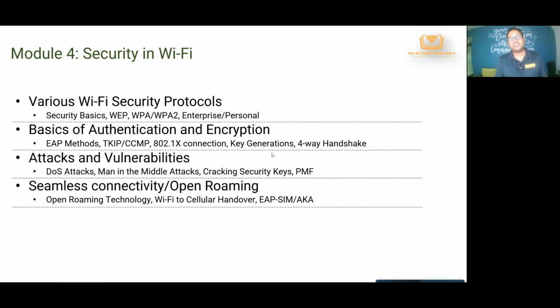In the last session, we'll talk about seamless connectivity. This is not completely related to security, but seamless connectivity is important as you move from one network to the other network. Sometimes your device might be handing off from, let's say, a cellular network to a Wi-Fi network, as you go from your house to a coffee shop to driving on the road and so on.